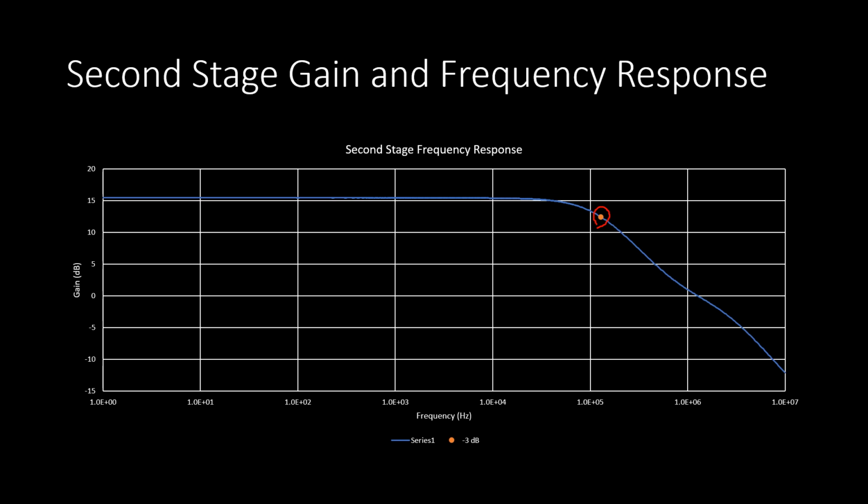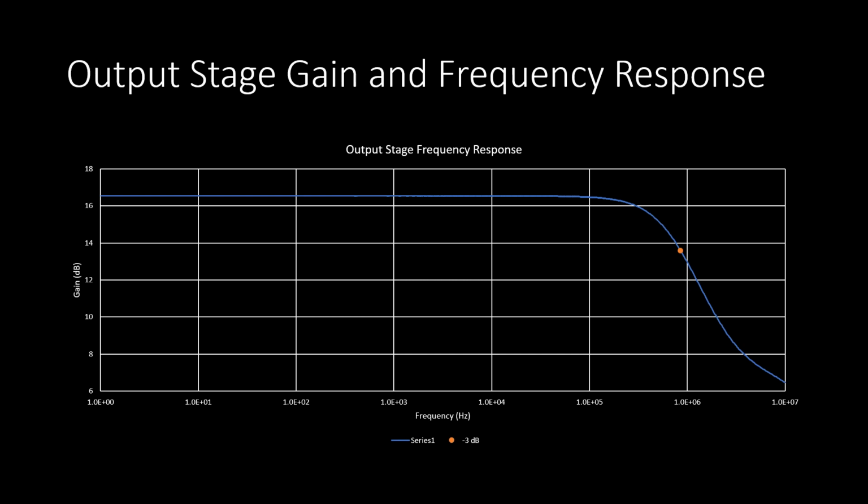The maximum gain, however, was only about 15 dB, although the emitter followers could have had an impact on the gain on the first stage, which is why it was so large. Adding these two gains together, as they were found in dB, resulted in about 85 dB of gain. And here's a look at the output stage.